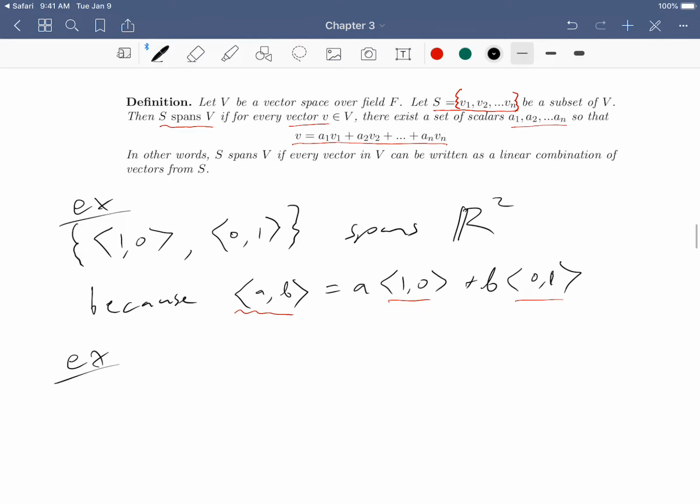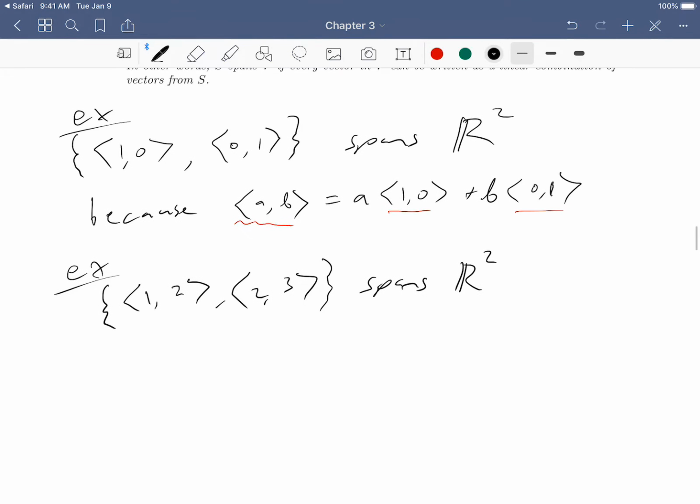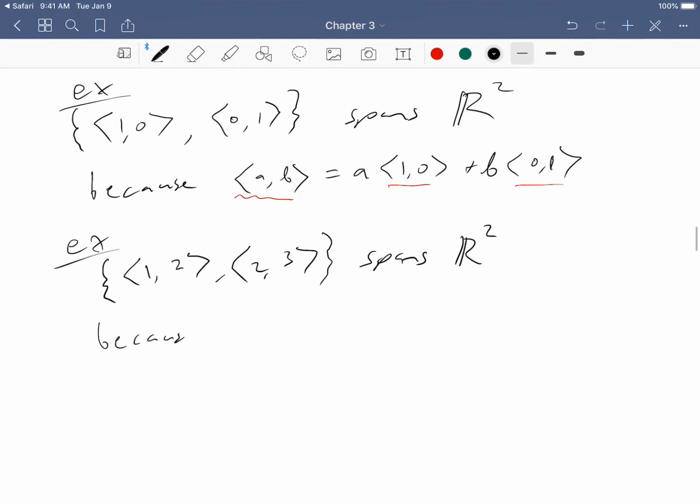All right, another example. The set (1, 2) and (2, 3) spans R2. Those building blocks up above, the things that we called i and j, (1, 0) and (0, 1), span R2, but that's not the only way we can build R2. We can also build R2 with these two vectors, (1, 2) and (2, 3). This is an example that we did before.